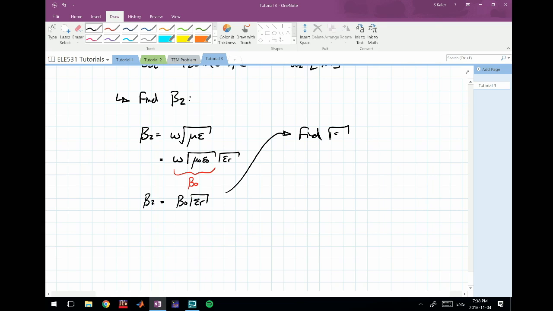How do we do this? If you recall, eta 2 is square root of mu over epsilon. Mu naught because it's non-magnetic, epsilon because it's non-magnetic. So this becomes square root of mu naught over epsilon naught epsilon r. This becomes square root of mu naught over epsilon naught times 1 over square root epsilon r.